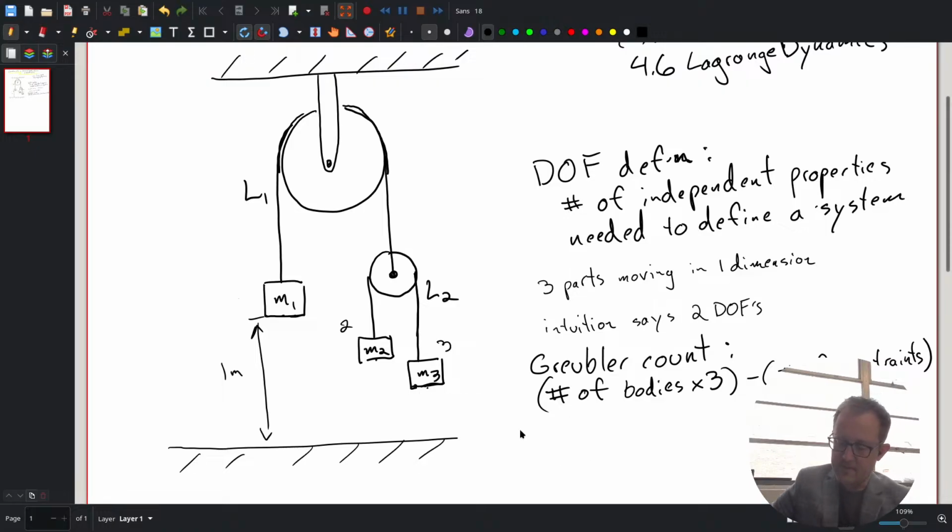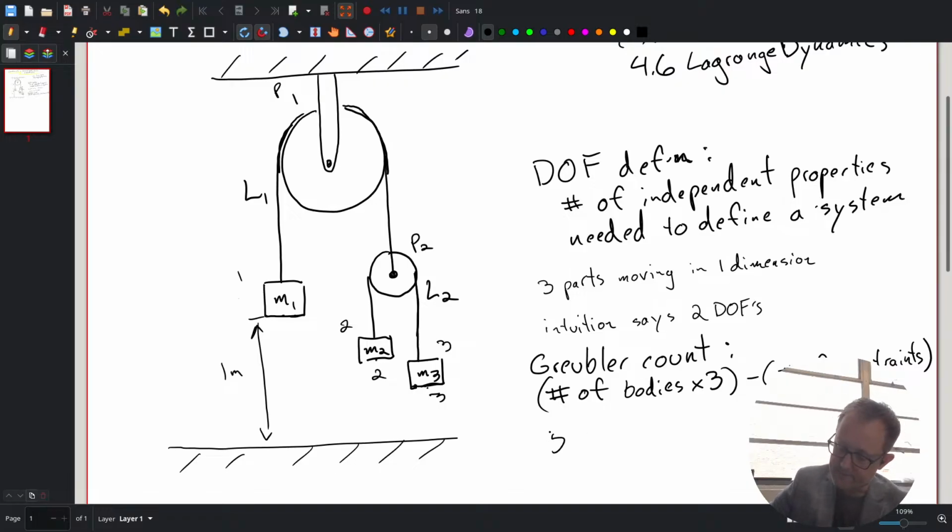So when I do this, I have body 1, body 2, body 3, pulley 1, let's call it P1, pulley 2. And all five of these things are moving.